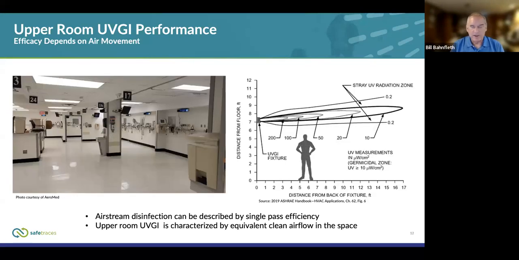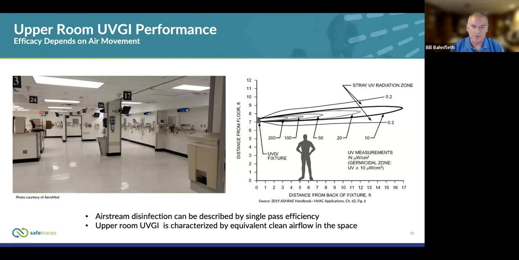The issue with upper room systems that's really an important one is that they're very dependent on factors in the space that don't relate directly to how much UV energy we're putting into it, especially the air movement. We see on the left a typical upper room installation in a healthcare facility, and on the right a cartoon that shows how we create a disinfection zone above the occupied zone to keep from exposing the occupants to this potentially harmful radiation if it's 254 nanometers.